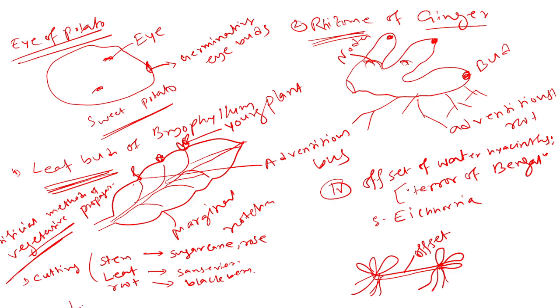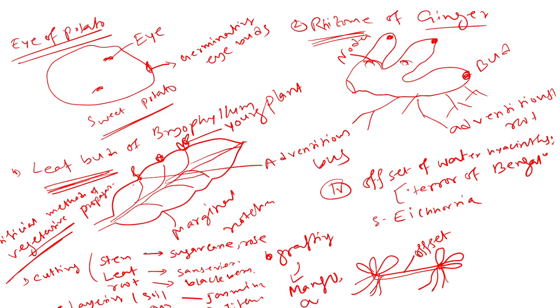Another point is layering. Layering is soil or air: soil layering is jasmine, and air layering is lychee. And grafting: examples are mango and apple. Okay. Next day we will discuss the generation of life cycle.